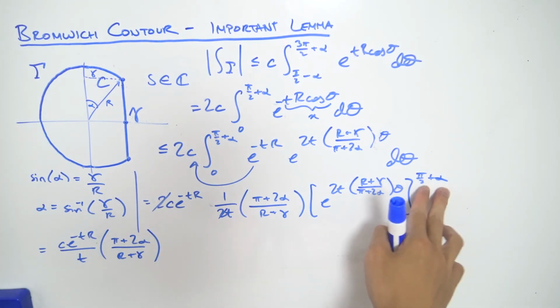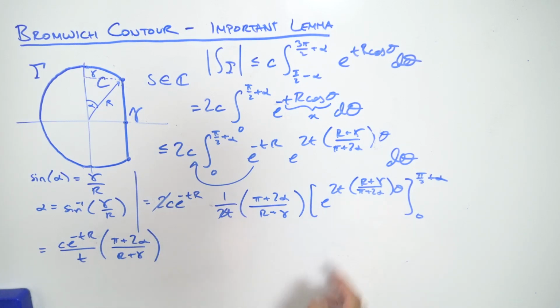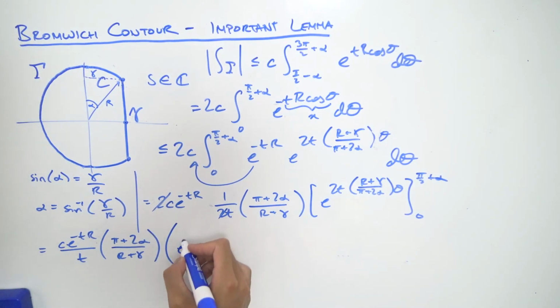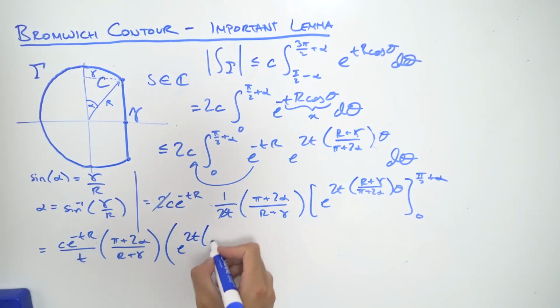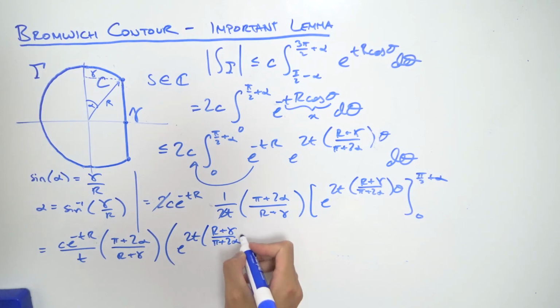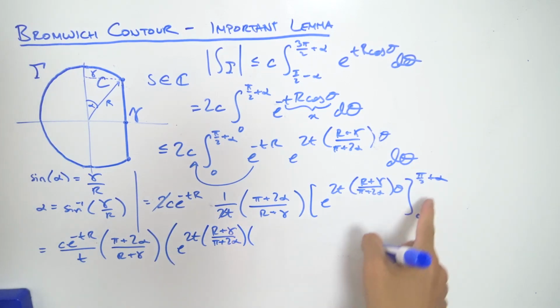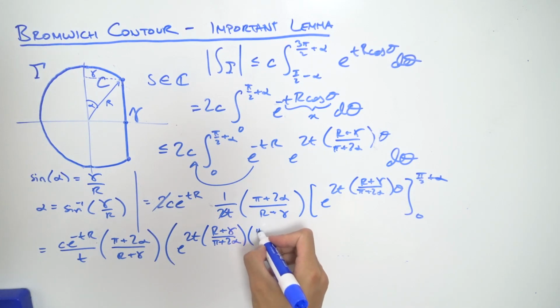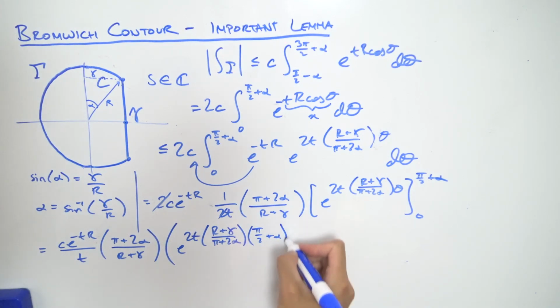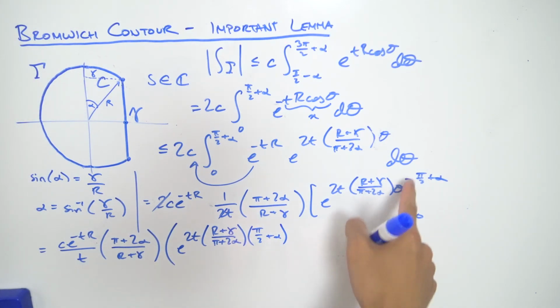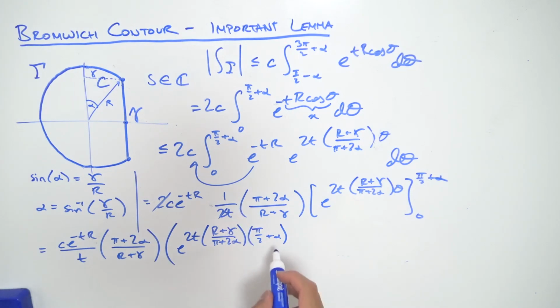Well, we're just going to sub each of these endpoints into this function. So that's going to be a little bit messy, but should be alright. That's e to the 2t r plus gamma divided by pi plus 2 alpha times our theta, but we're plugging this upper bound in, so that's pi over 2 plus alpha, and then plugging 0 into here. Well, that's just going to kill the whole exponent, leaving us with just a minus 1 like so.